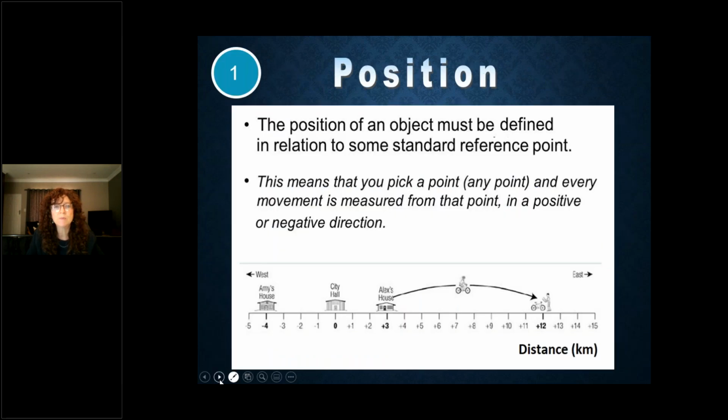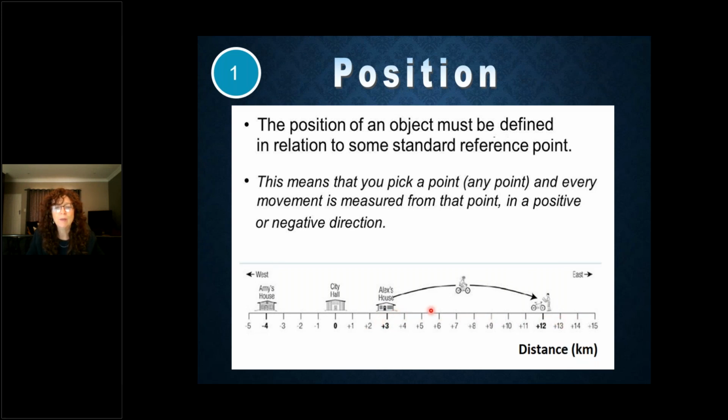So what is position? The position of an object is measured from a specific point in a positive or negative direction. As we look here, we have an example of Amy's house, City Hall, Alex's house, and a boy moving from Alex's house to, say, for example, 9 kilometers from Alex's house.